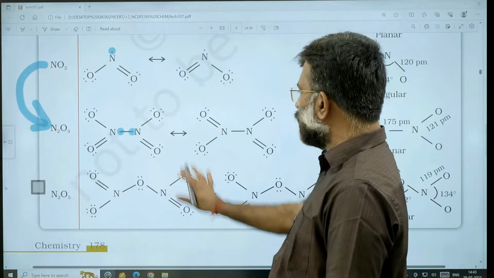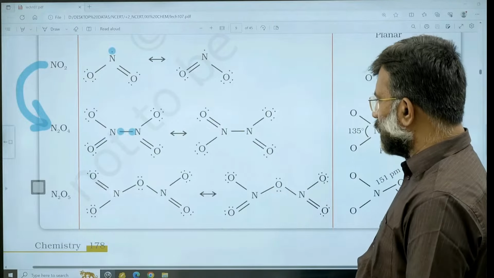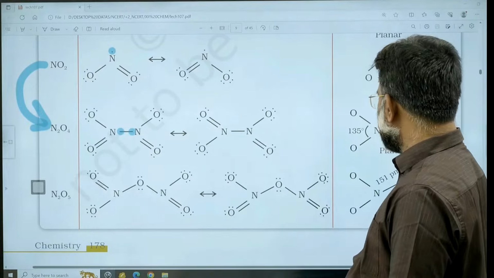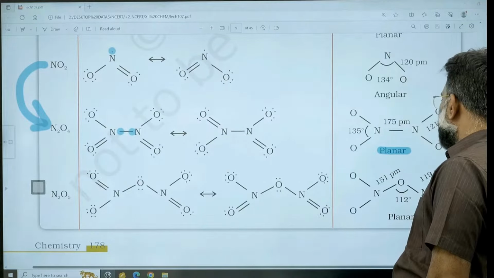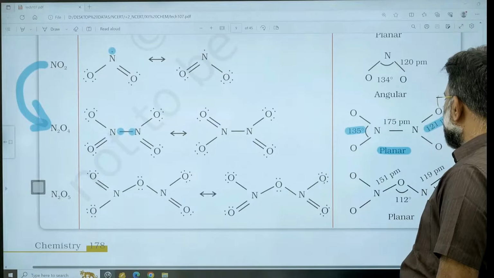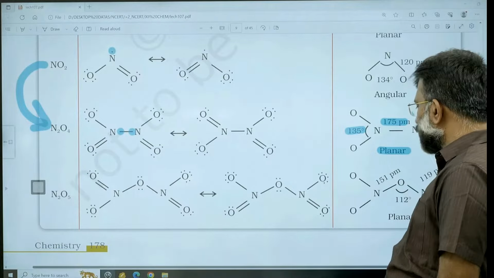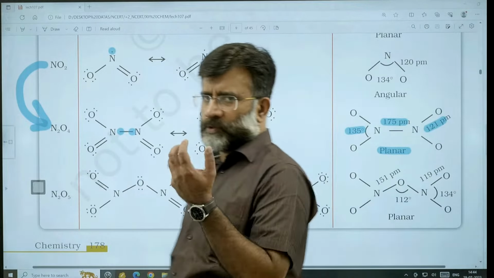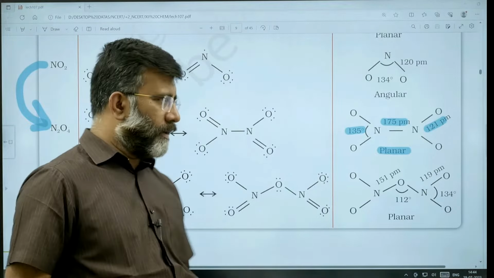This is the N2O4 structure. You can evaluate how many lone pairs will be present and what the characteristics will be. It is once again planar in shape, with a bond angle of 135 degree, bond length 121 picometer, NN bond length 175 picometer, 2 resonating structures, and you can also think about how many lone pairs are present.